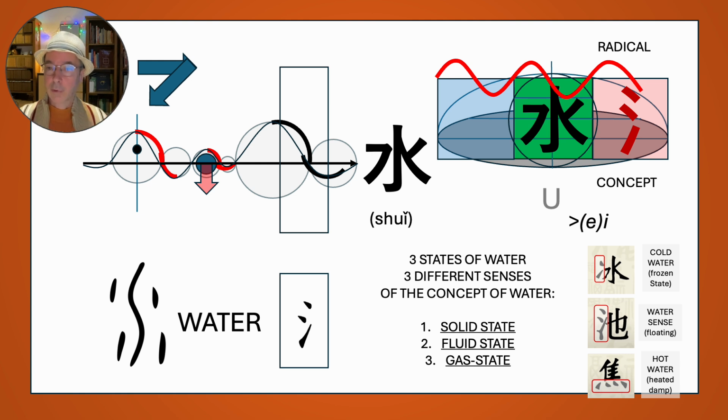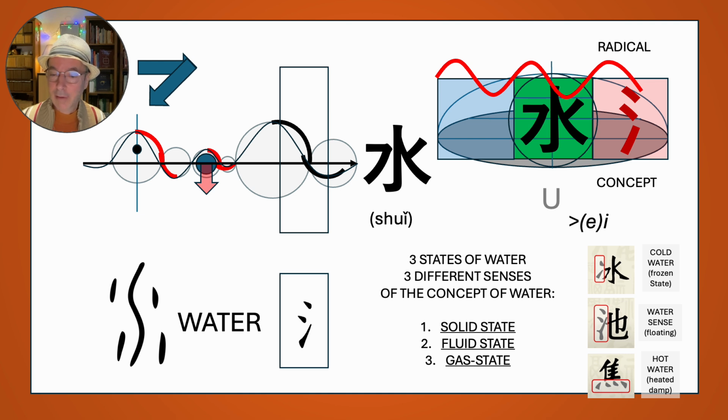So it's also from cold to warm. You have also these conditions. It's all about balance. The first condition is cold water, which can also be the frozen or solid state of water. Then you have the fluid state, which is of course water itself. It's floating and it can have drops. That's the main symbol. That's the main radical or concept.